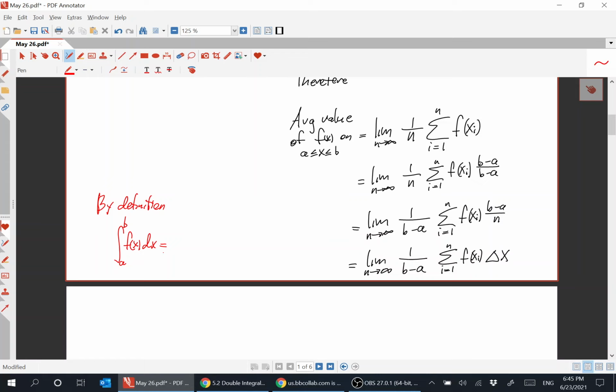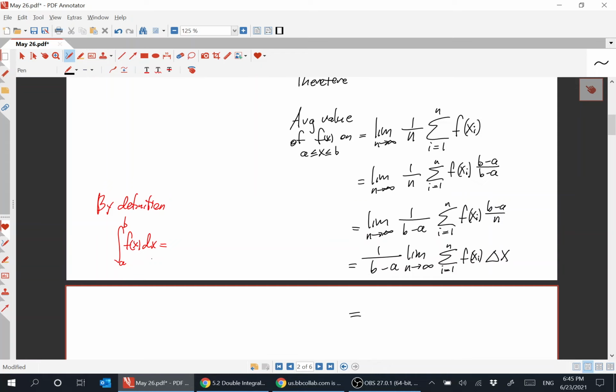I'm going to bring this constant outside. Well, let me just rewrite this one. By definition, this integral is equal to what?